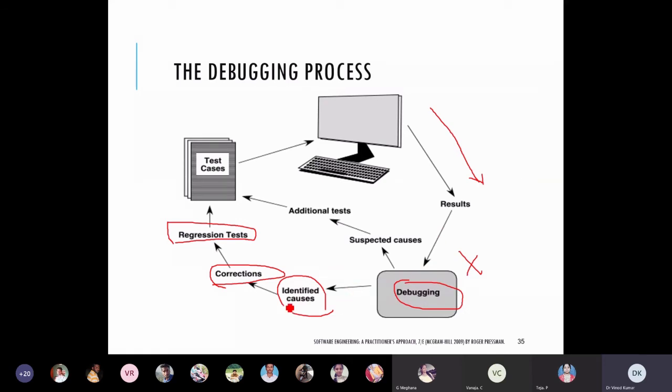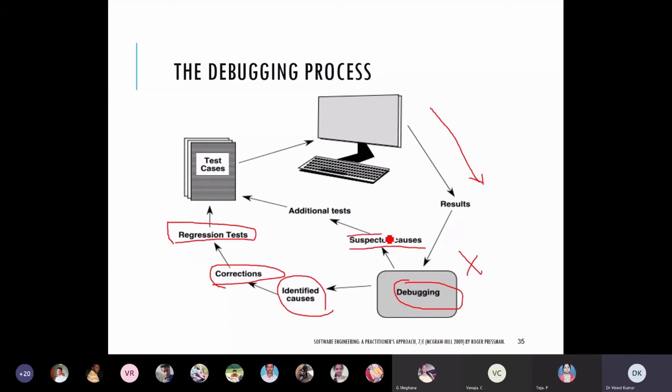Next, this is identifying the causes. There is one other way also: you can guess some suspected cause. Oh, this is the problem. After seeing the output, you can immediately say this is the problem.